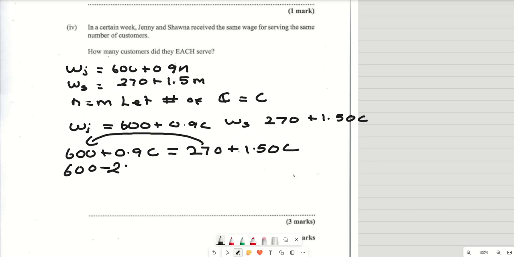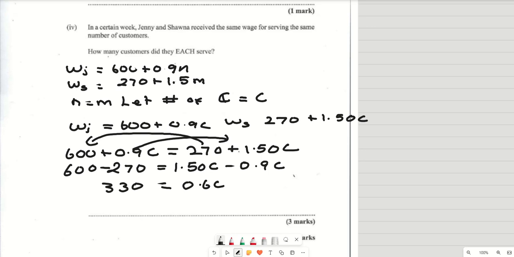So that's 600 minus 270 is equal to 1.50 C minus 0.9 C. 1.5 minus 0.9 is 0.6, so this is equal to 0.6 C, and 600 minus 270 is equal to 330.